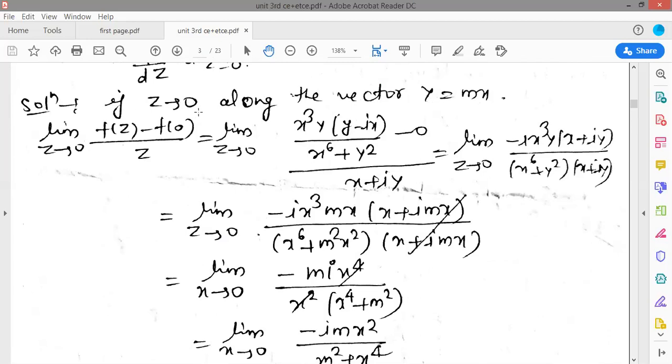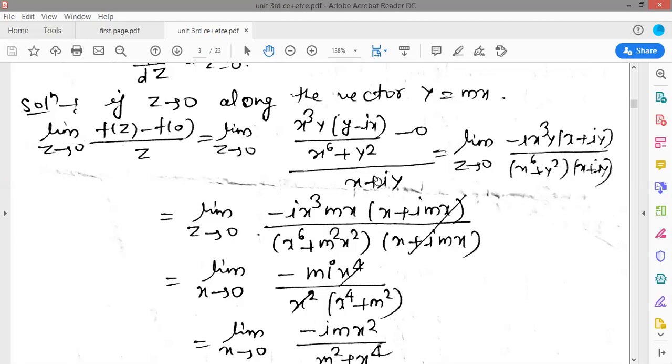If z tends to 0 along the path y = mx, we have two or three paths. This one is a straight line passing through the origin, and we have other curves, y = x² or y = x³ type. So we will check along all the paths.